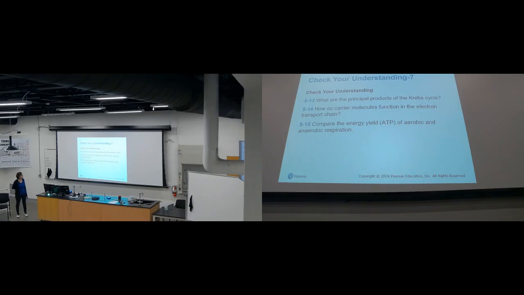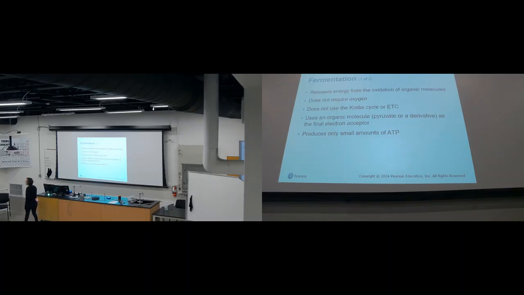Electrons. And then what is the energy yield of aerobic and anaerobic respiration? Which one yields more ATP? Which one yields less? Aerobic yields more. And then in general, aerobic microorganisms tend to grow faster than anaerobic microorganisms.